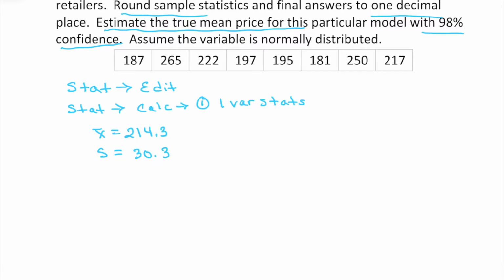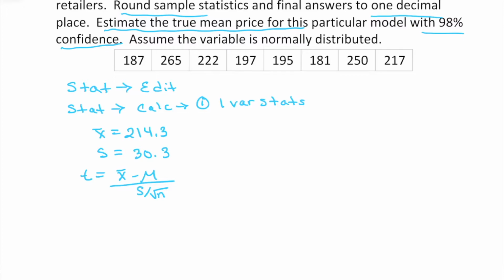Since we have sample statistics, we're going to need to use the t-distribution, and we're trying to estimate the mean with 98% confidence. If you'll remember, the formula for finding our t-value is t equals x bar minus mu over the standard error, where we use our sample standard deviation divided by the square root of the sample size. So t equals x bar minus mu over s divided by square root of n.